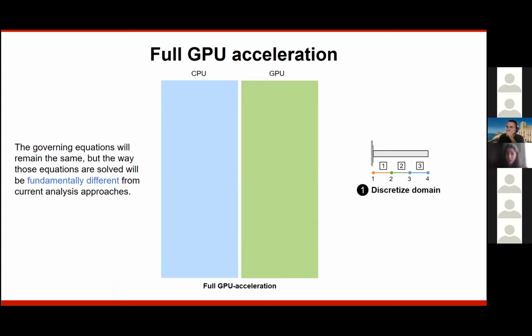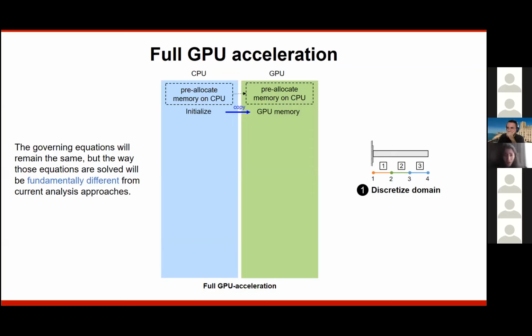So you have a CPU and a GPU, and you still need the CPU. You're basically controlling what happens on the GPU via the CPU. So typically you start by pre-allocating some sort of memory on the GPU, on the right-hand side here, and you'll initialize the domain on the CPU and then copy all those properties to the GPU memory.